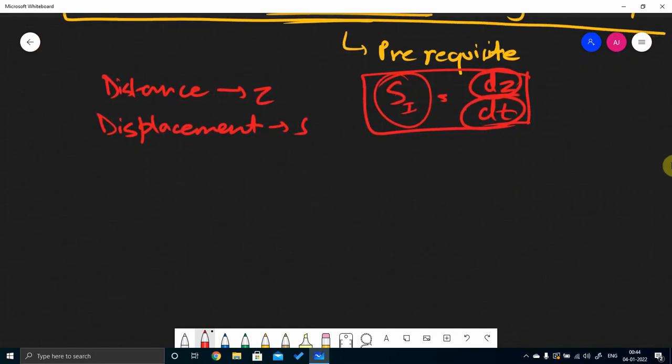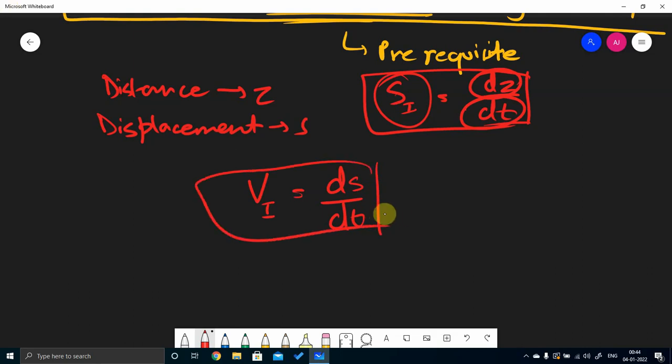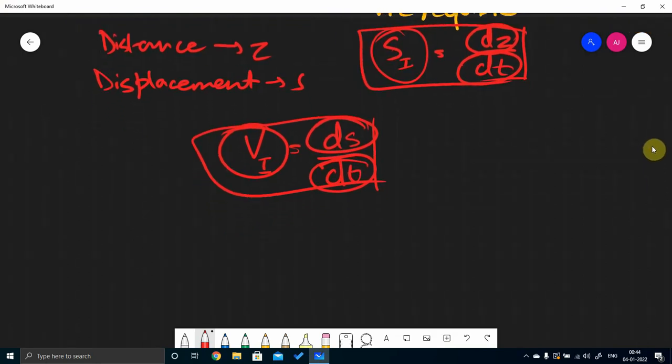Similarly, for velocity, let's say we are talking about velocity instantaneous, you have ds by dt, right? Which basically means that when you differentiate displacement with respect to time, you get instantaneous velocity at that point, right?